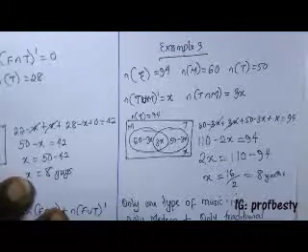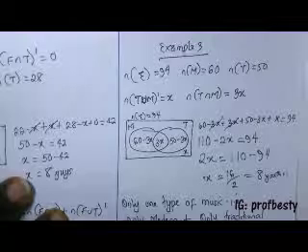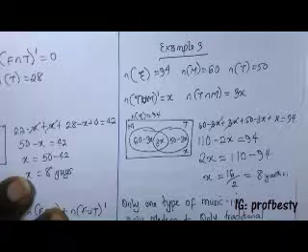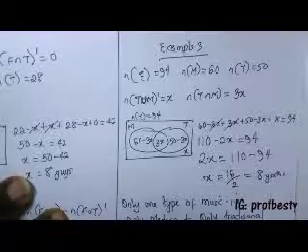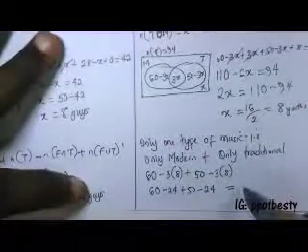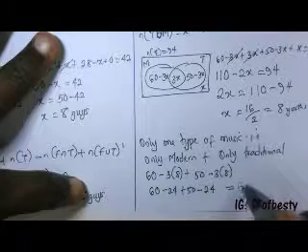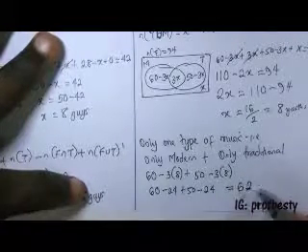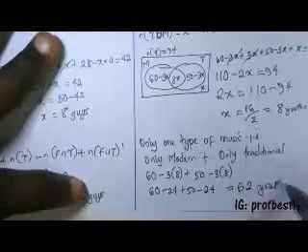So I have 60 minus 24 plus 50 minus 24. And my answer is going to be equal to 62 youths.